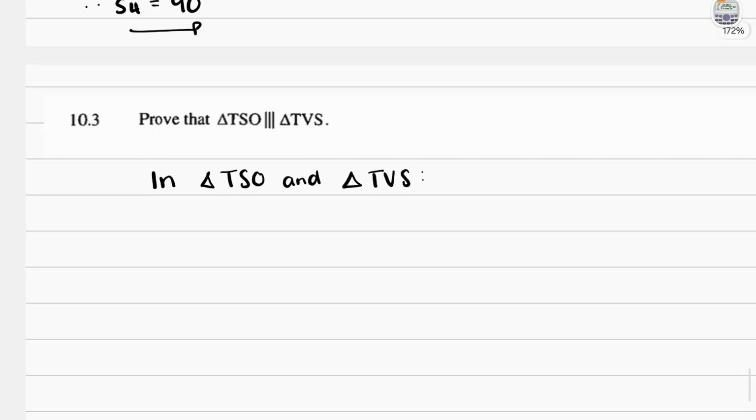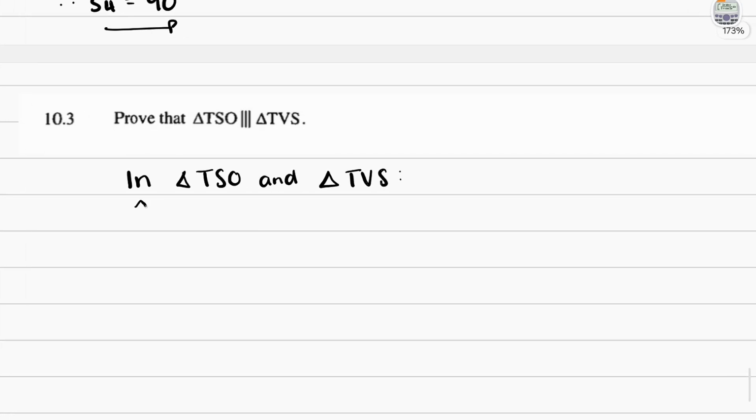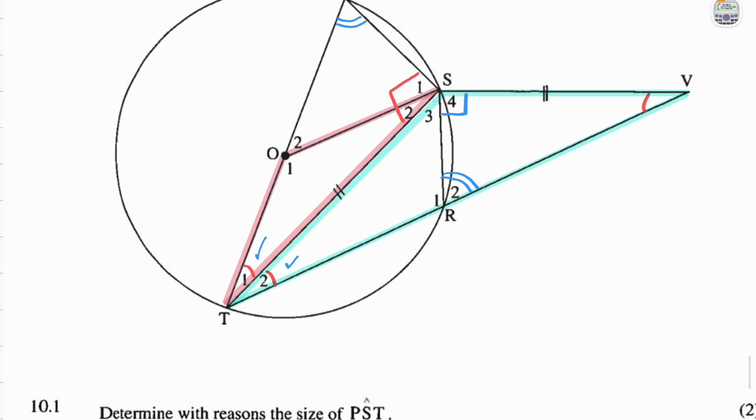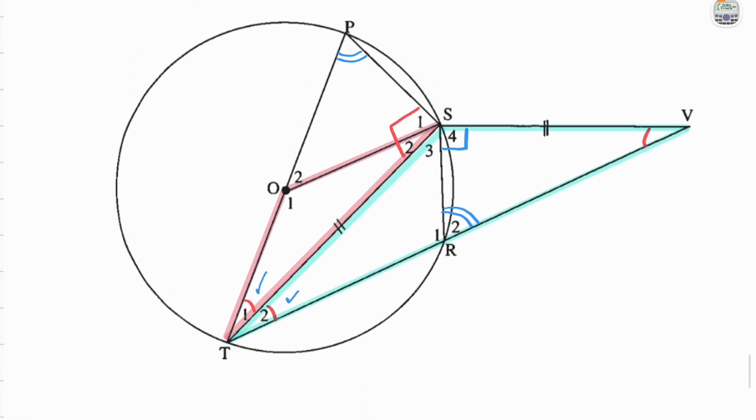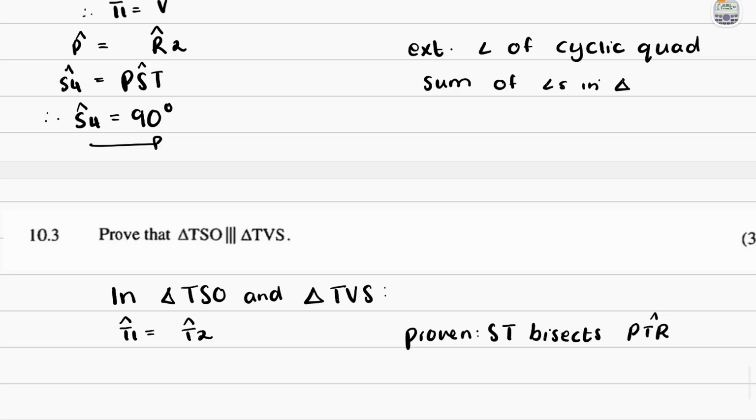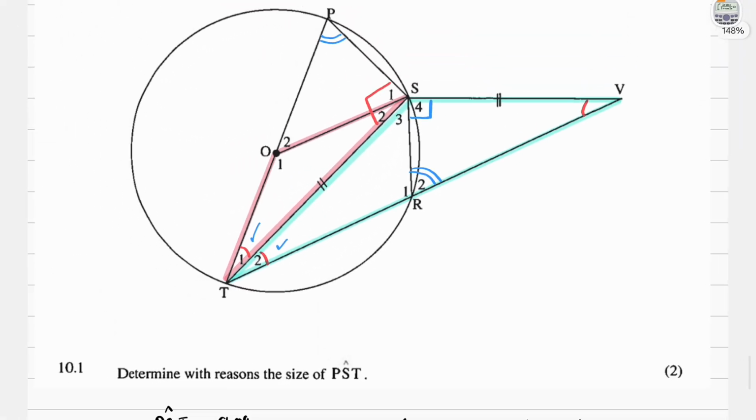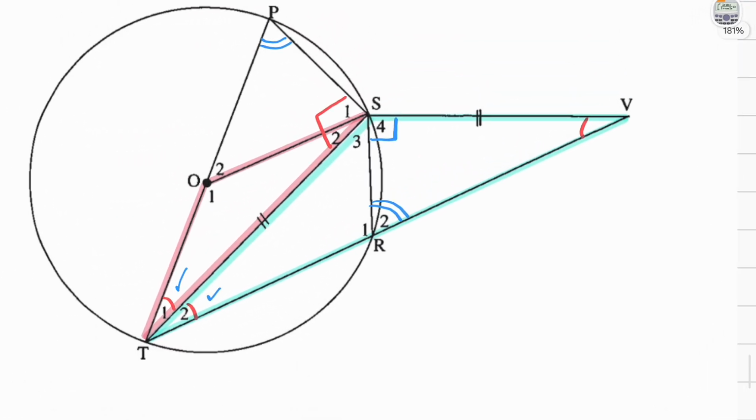In triangles TSO and TVS, we already know that angle T1 is equal to angle T2. This was proven because ST is a bisector of this angle, so it was bisecting angle PTR. Now we just need two more angles equal in these triangles.